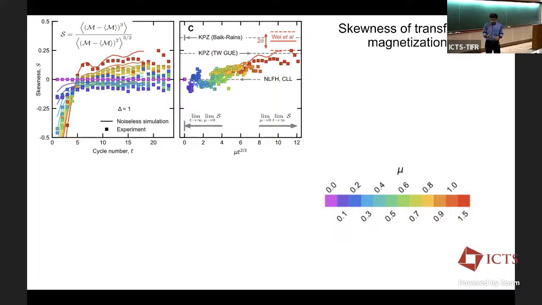So skewness as a function of various values of choices of mu, it gets closer and closer to 0. So it becomes very hard to analyze it. Originally, it seems to go asymptotic to a finite value, which is the prediction of the KPZ. So remember the ceiling picture I showed you, whatever ceiling you think we should go for, there would be a different prediction for the universality class and then consequently for the value of a skewness.